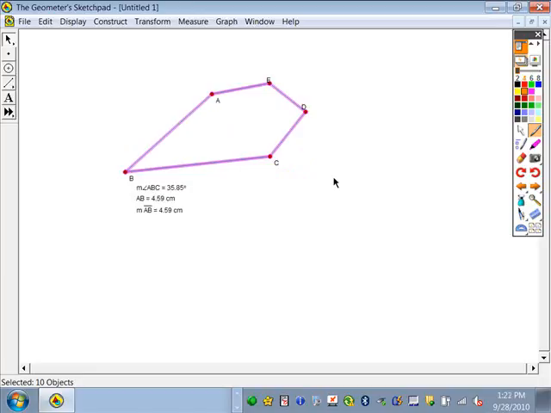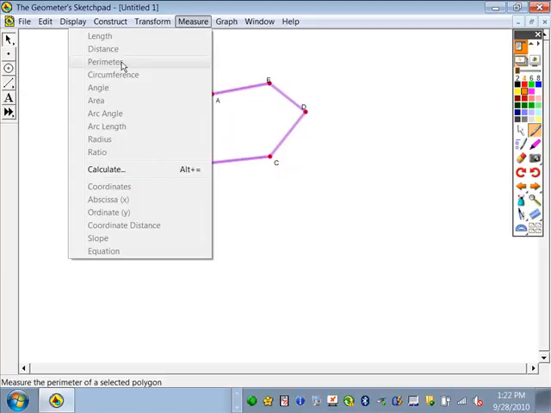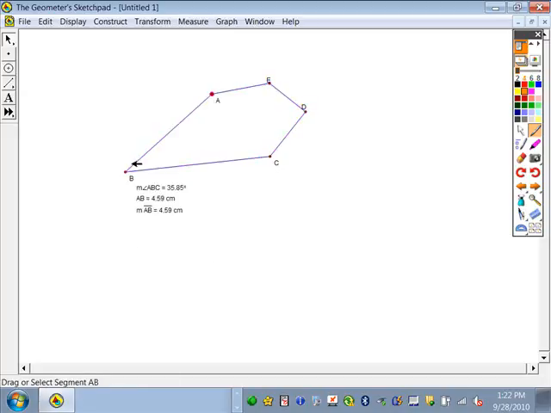You still needed the vertices as well. So what you would need to do is highlight the sides as well as the vertices. Still nothing, right? Did anybody get the total perimeter? All right, try this. Highlight each of the vertices and fill in the middle.